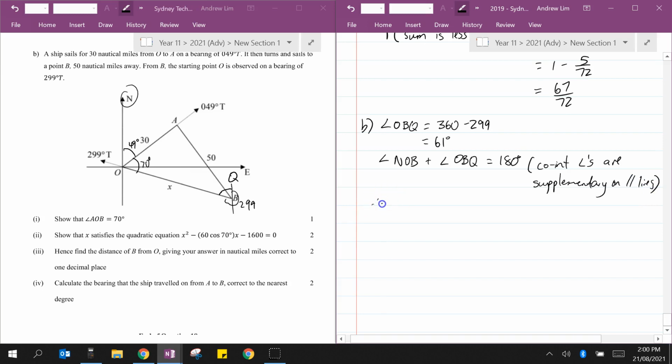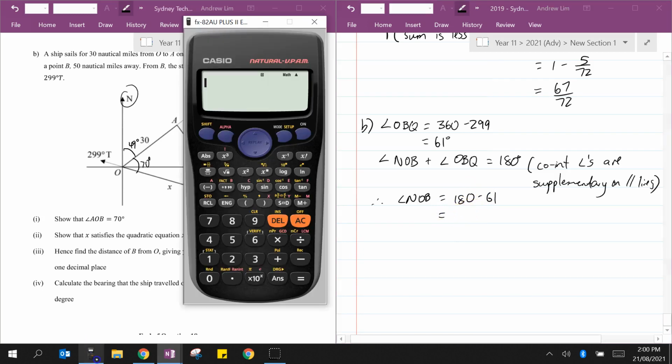So therefore angle NOB has to equal 180 minus the 61. 180 minus 61 is 119 degrees.